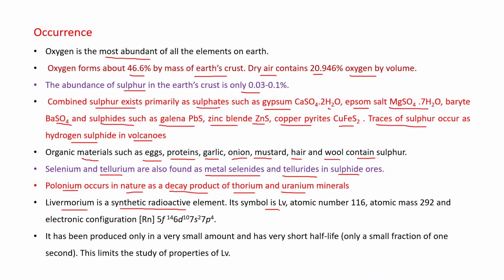Its symbol is Lv, atomic number is 116, atomic mass is 292 and its electronic configuration is [Rn] 5f14 6d10 7s2 7p4. It has been produced only in very small amounts and has a very short half-life, only a small fraction of 1 second. This limits the study of the properties of Lv.